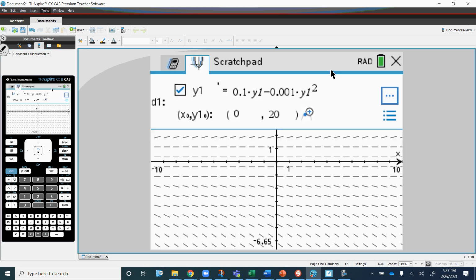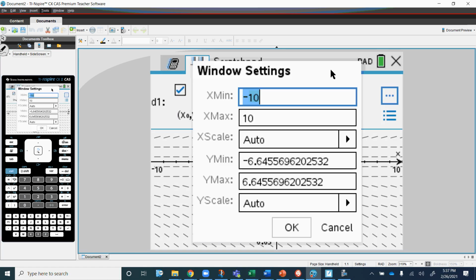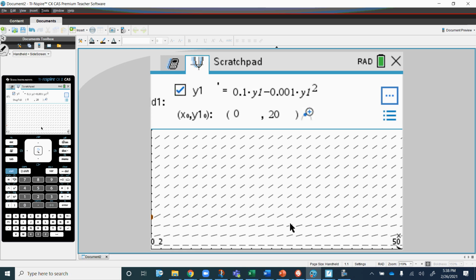Let's just see if we can put our own window settings here. So if we go 0 to, how many years did it kind of go out? Say 50. And the y value we knew, we'll just start at 0 for our population size, and our carrying capacity was 100, so let's just say 110. And let's see if we see anything.